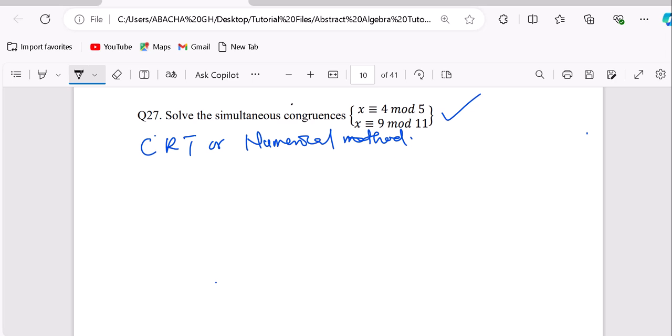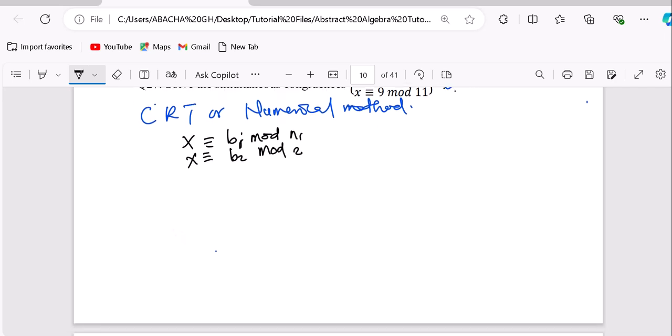For the numerical method, these two congruences are of the form x is congruent to b1 mod n1, x is congruent to b2 mod n2, like this.